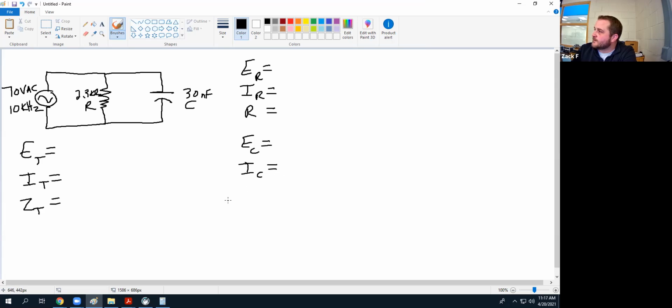Capacitive reactance. What is it? Yeah, there it is. What's the symbol for that? Starts with an X and rhymes with X sub C. Yep. Capacitive reactance.